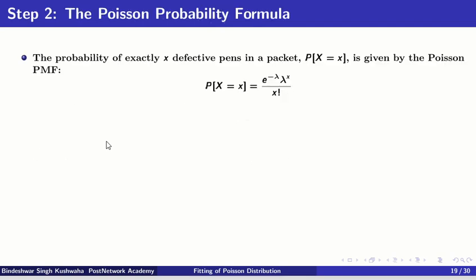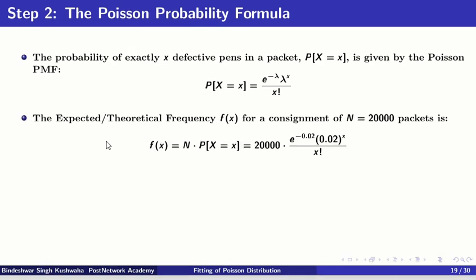The probability of exactly x defective pens in a packet is given by the Poisson PMF, that means probability mass function. Now the theoretical frequency for a consignment of 20,000 packets, as I explained previously, is N times P of x, where you plug in the value of x.